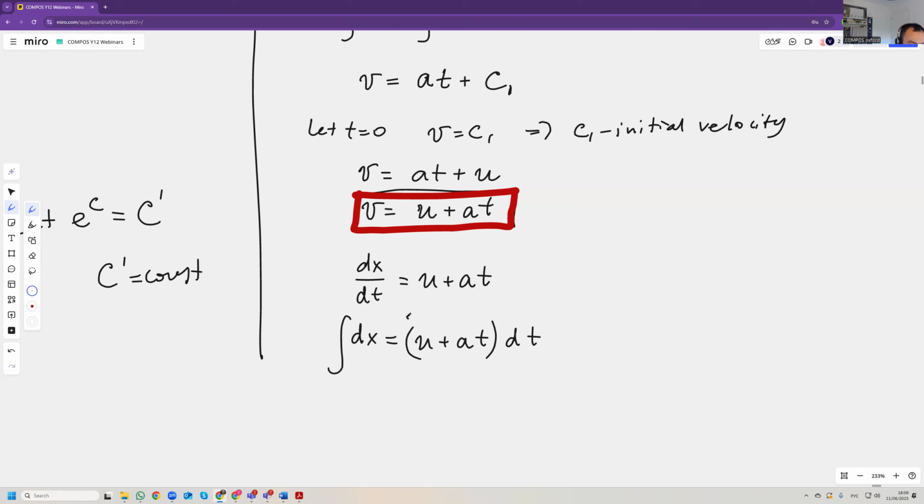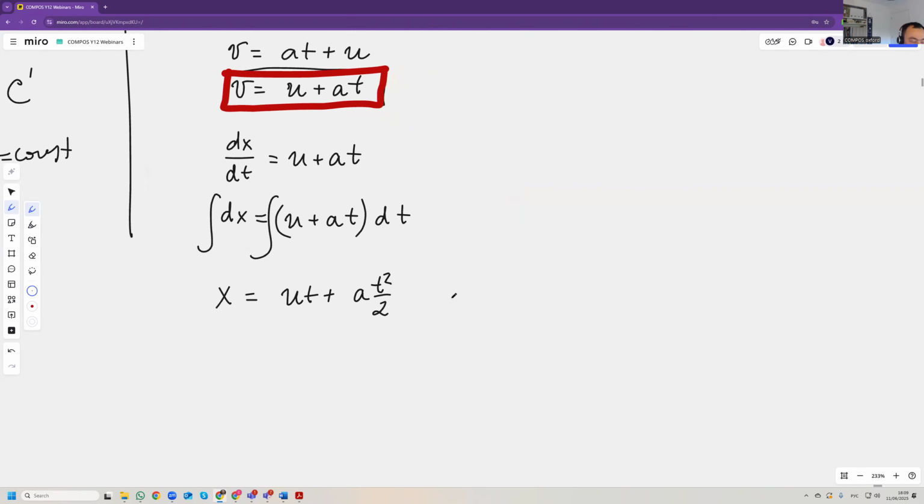And we can integrate that, and we get x equal to ut plus at squared over 2 plus c, where c is the initial position.